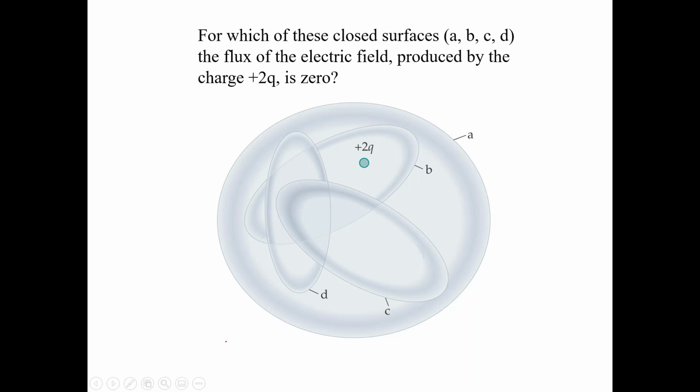I mean, outward electric field lines, electric field lines going out. So the flux is positive. The flux for these two surfaces is positive. For A, the electric field lines are going outward, so the flux is positive, since the angle is less than 90 degrees. But if the angle is greater than 90 degrees, then you will have a negative flux.